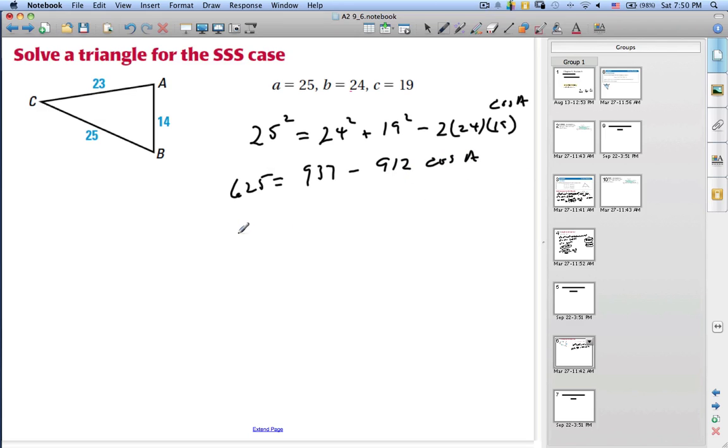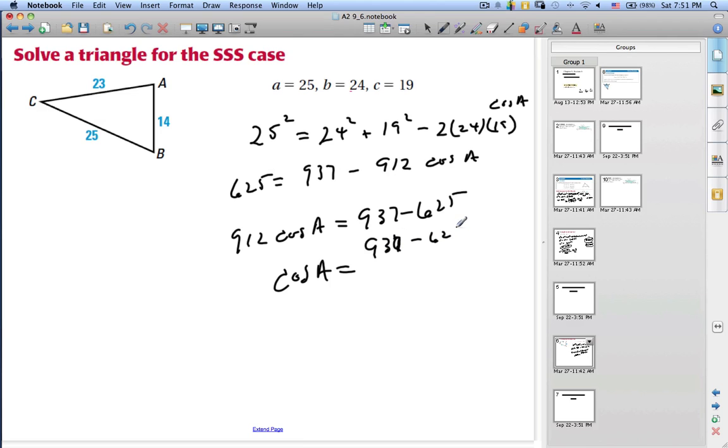So if I add 912 times the cosine of A to either side of the equation, and I subtract 625, I'm here. And I know that the cosine of A will be equal to 937 minus 625, all divided by 912.